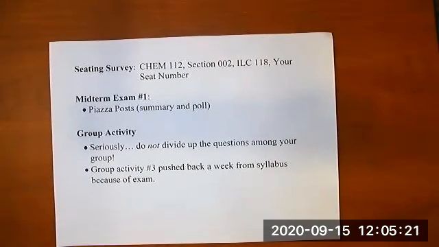Date and time, I have a poll that is up to get your input on when you prefer it. What I'm trying to do is have it released sometime next week, late in the week. And I'll have it due sometime about 3 days following that release date. I'm going to design it to be completable in about an hour and a half.